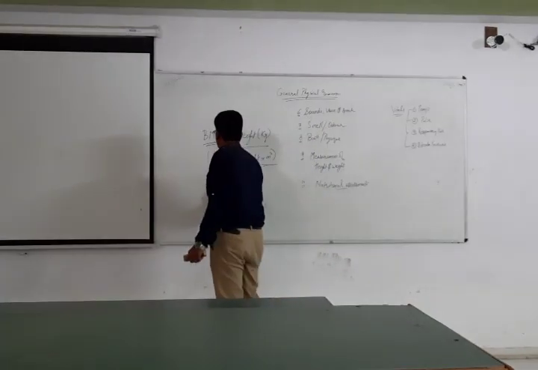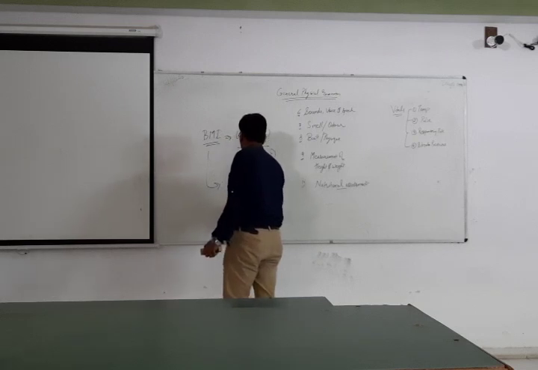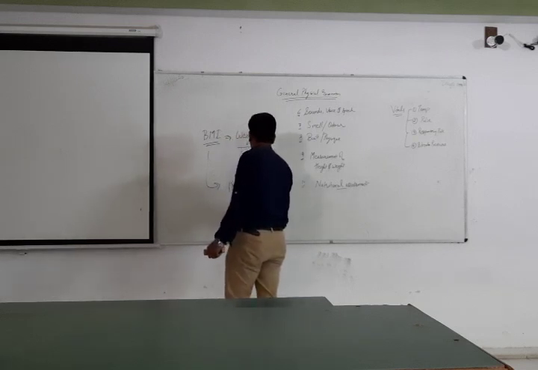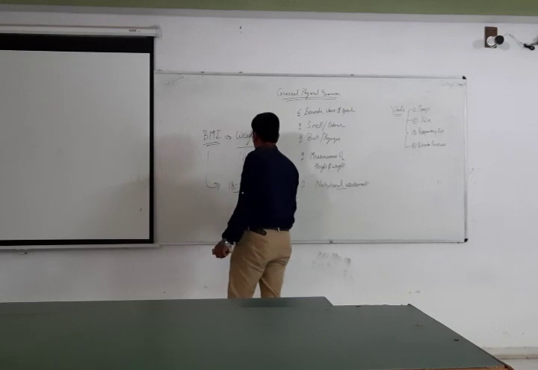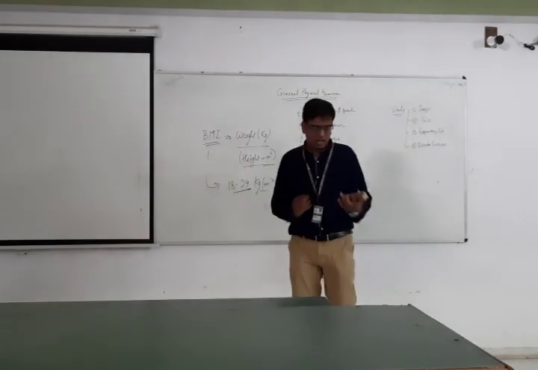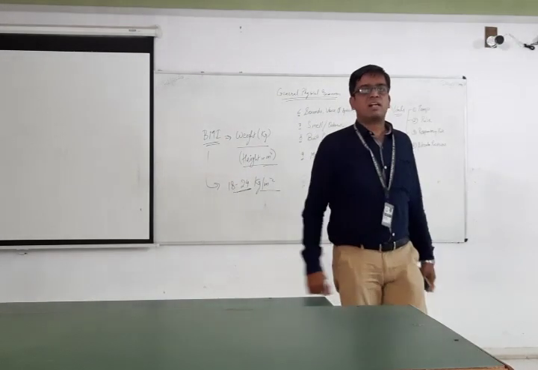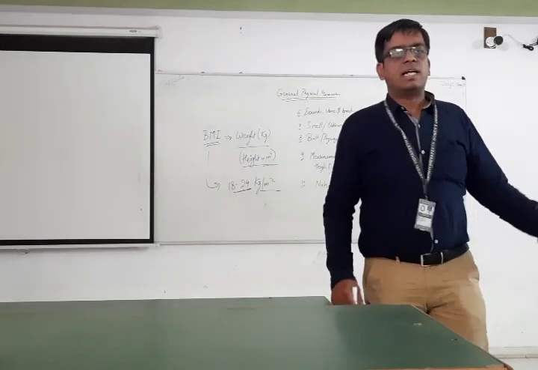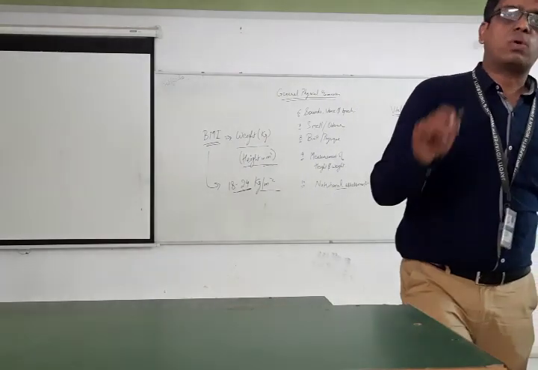The normal BMI ranges from 18 to 24 kg per meter square. So if the BMI of the patient lies in the range of 18 to 24, that particular patient is okay.